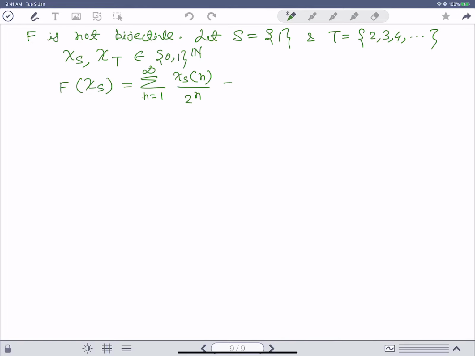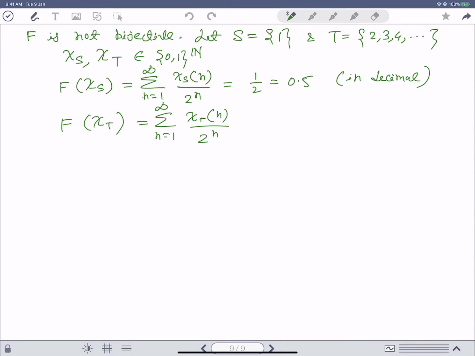Now here it will be just 1 by 2, that is 0.5, obviously in decimal. Now what will be my f of chi of T? This will be the summation again n equal to 1 to infinity of chi of T(n) by 2 to the power n. So this will be 1 by 4 plus 1 by 8 plus 1 by 16, in this way an infinite series.